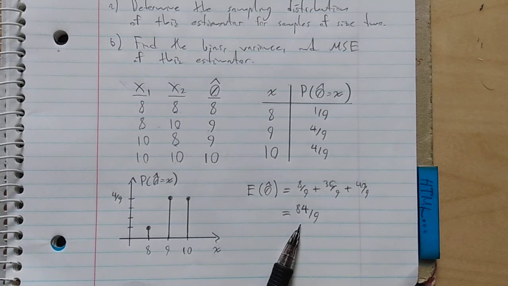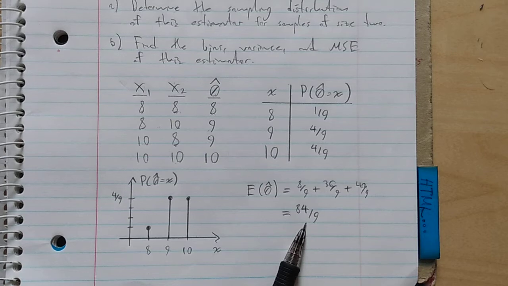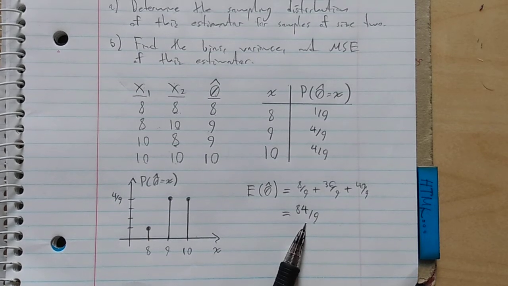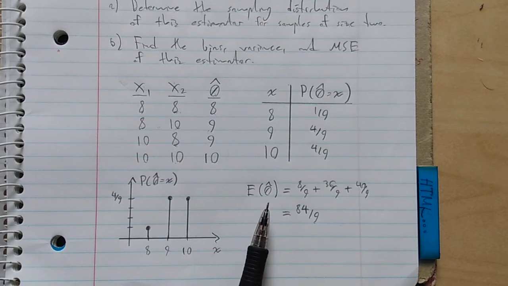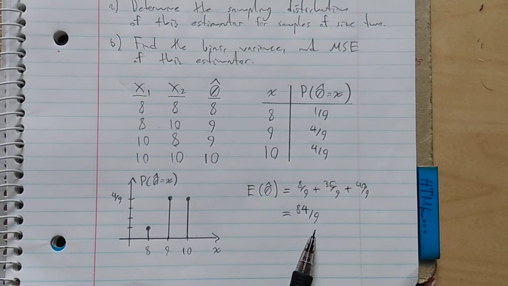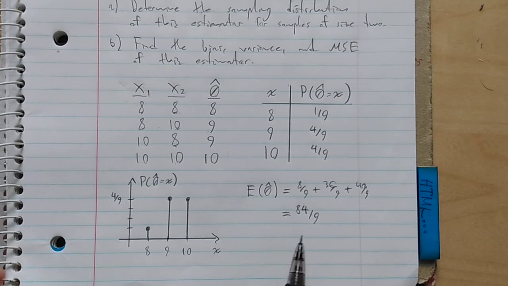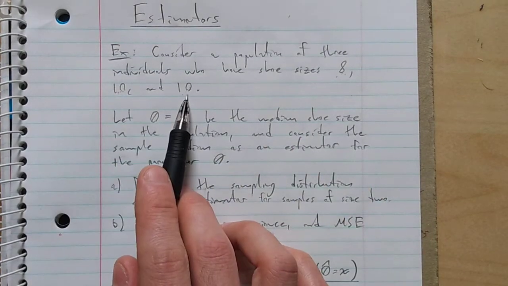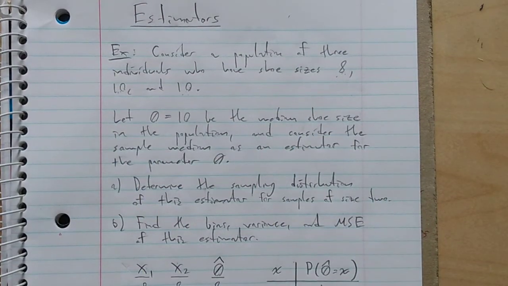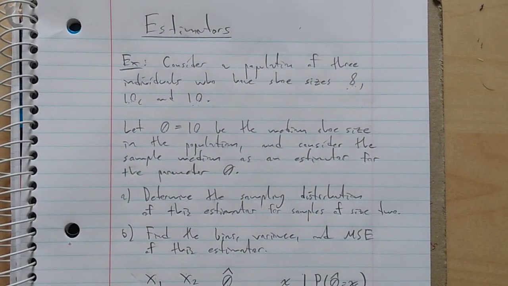In our case, is it bigger than 10 or smaller than 10? 84/9. 10 is 90/9, right? So this is smaller than 10. So in our case, this estimator, theta hat, the sample median, tends to underestimate the population median. That's not true in general. It's true just because of the population distribution I happen to pick. I'm sure if you took other values here, you could get a situation where it overestimates.